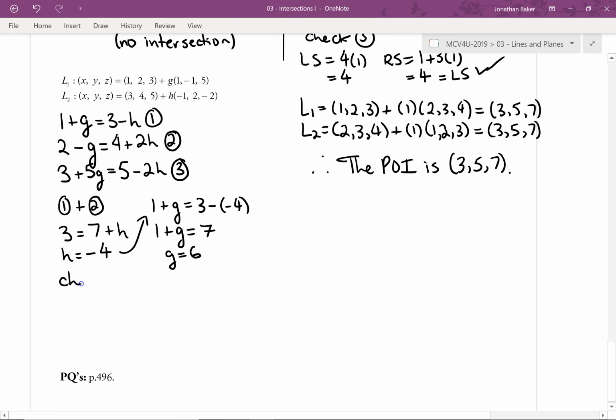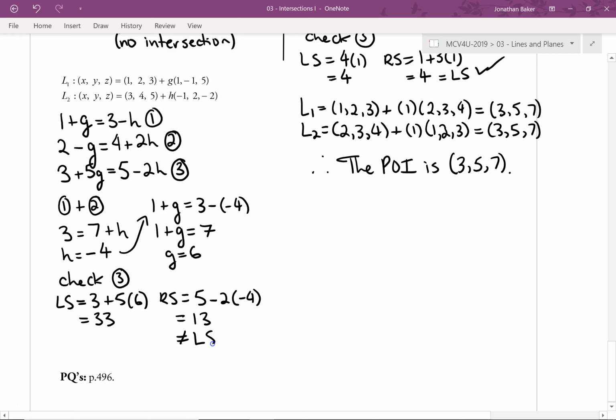So we'll check 3. Our left side is going to be equal to 3 plus 5 times 6, and our right side is going to be equal to 5 minus 2 times negative 4. So this one would be 33, and this one would be 5 plus 8, so it's 13, which is not equal to the left side.